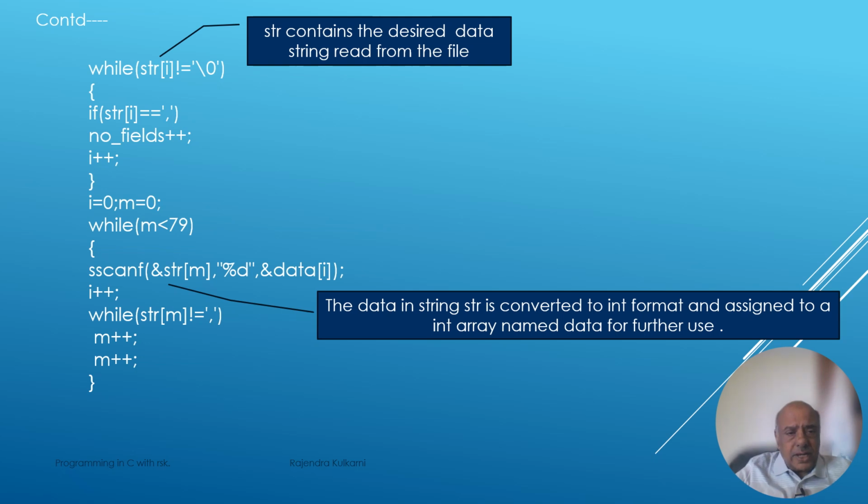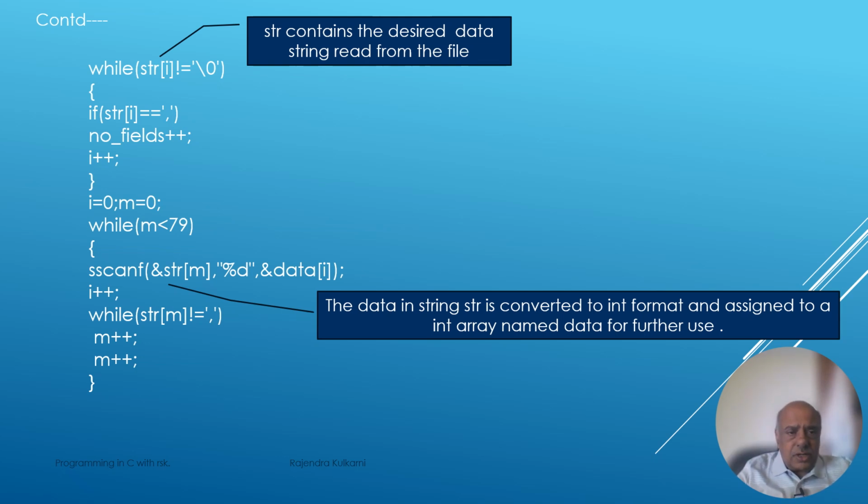Now by advancing m, str[m] starts pointing towards the first character after the comma, and then a scanf function will pick up that text and convert it into an int value, which will be assigned to the next element of array data. This continues till m reaches 79.